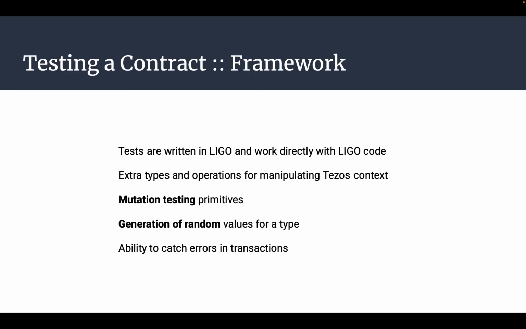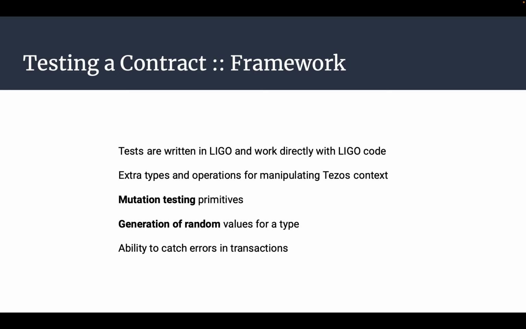We have also different approaches for the test. You can do what we call unit tests, integration tests, but you also have some mutation testing primitives. So you can decide to ask, during the test, to do some modification behind the scene.